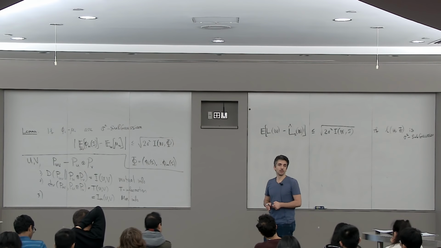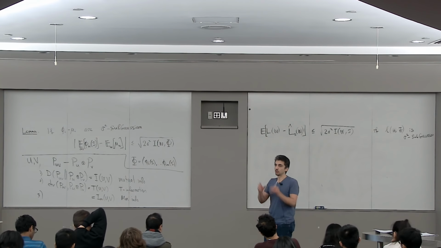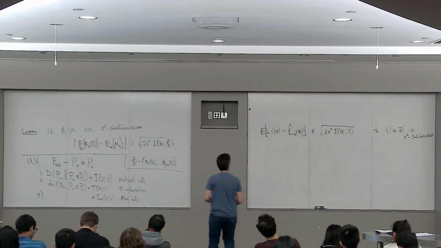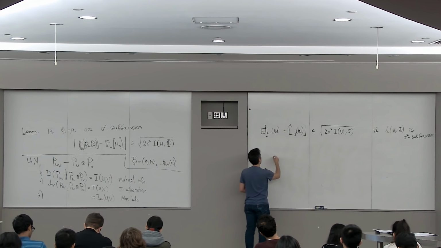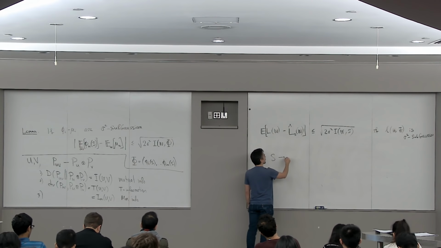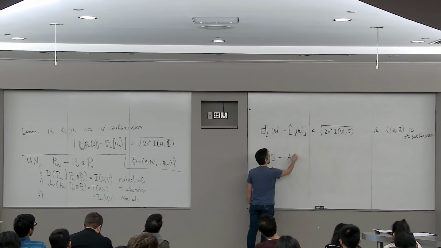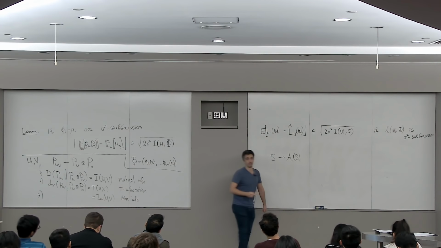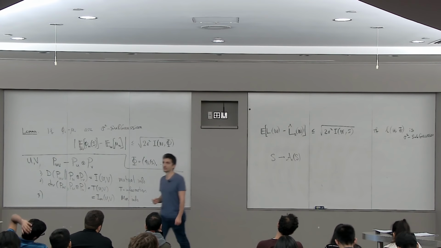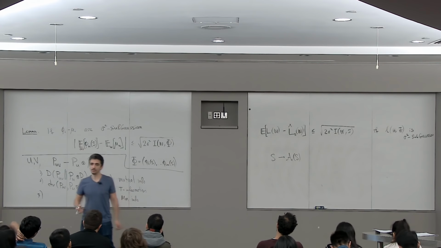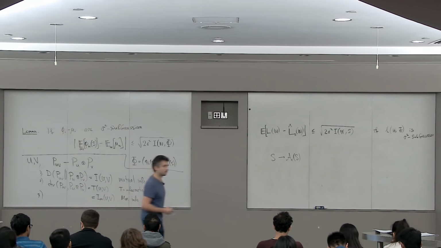So let me explain what I mean. Suppose you have a data set, S, and now you run an algorithm A. Let's call it A1. A1 is the first algorithm that did something with the data and produced an outcome.